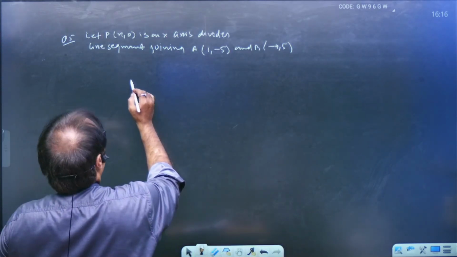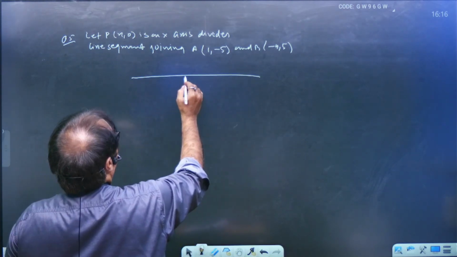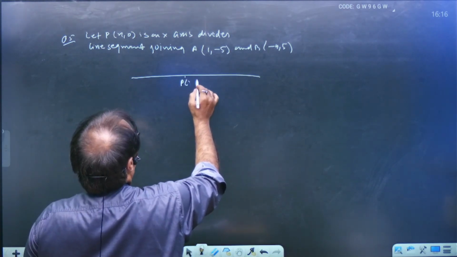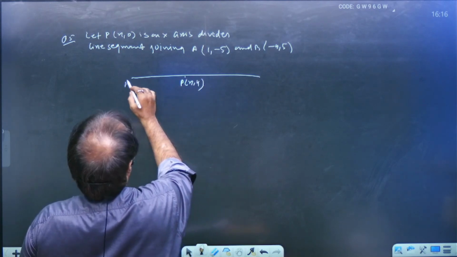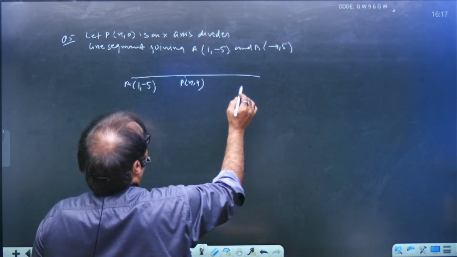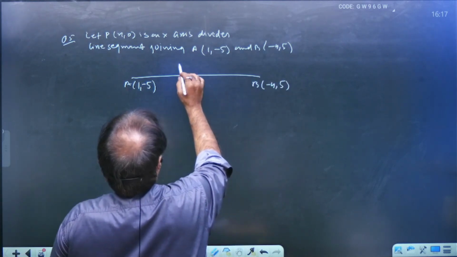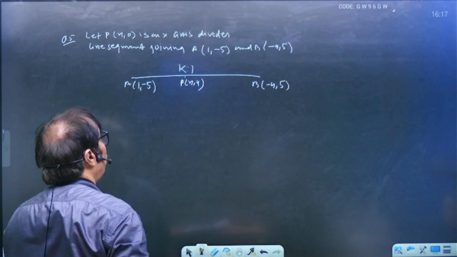So draw a rough figure. In this way you can apply very easily. Let the point be P(x, 0), and A is 1 and minus 5, and B is minus 4 and 5, and the ratio is k is to 1.